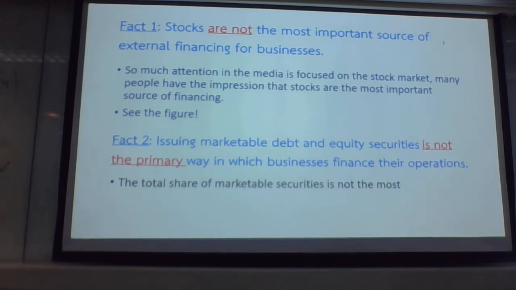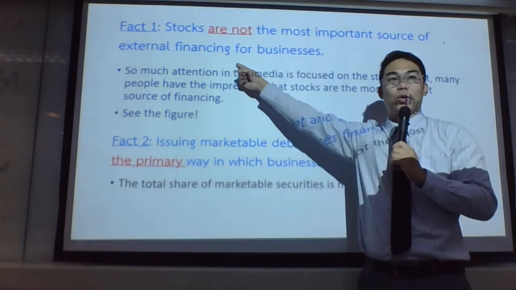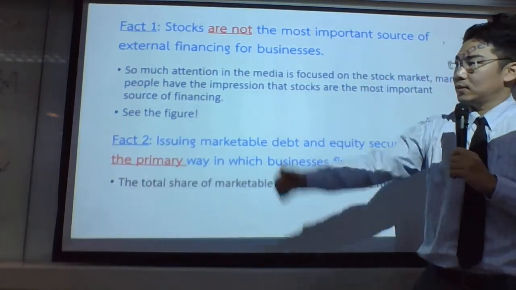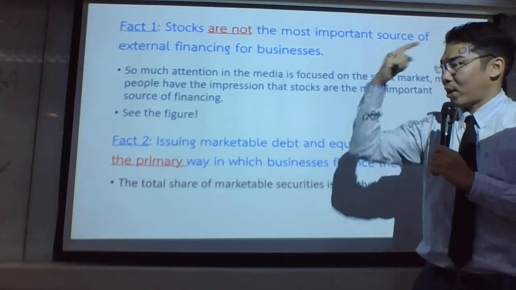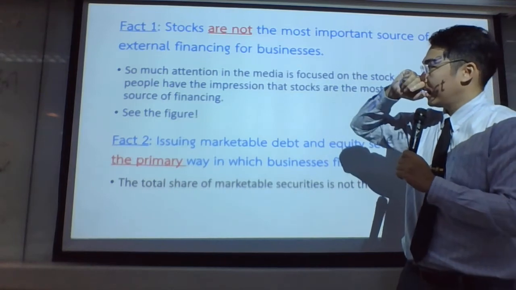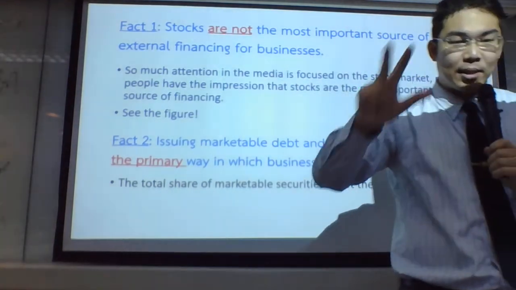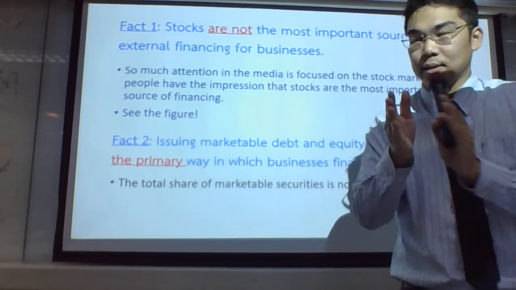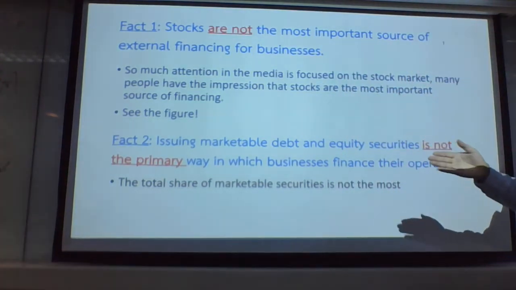And the last, less popular one is stocks or equity. Retained earnings, corporate bond, and equity. You can see that we have a ranking here, and these are sorted by cost.